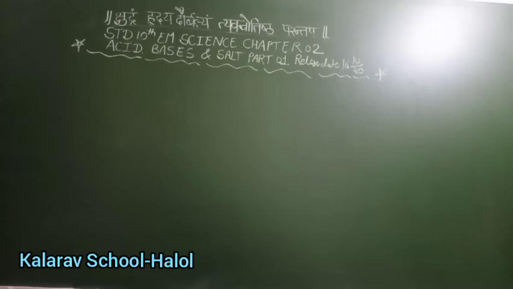How do metal carbonates, that is metal mixed with lime, and metal hydrogen carbonates react with acid? Let us see about this also. See, Activity 2.5 is given here. Take 2 test tubes, label them as A and B. Take 0.5 gram of sodium carbonate in one test tube and about 0.5 gram of sodium hydrogen carbonate in the other. Okay, these are different forms of lime, children. Add about 2 ml of dilute hydrochloric acid to both test tubes.